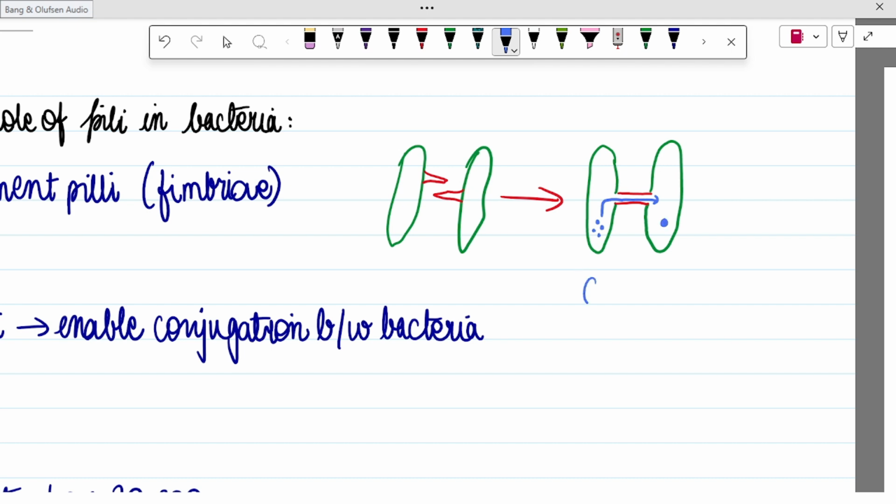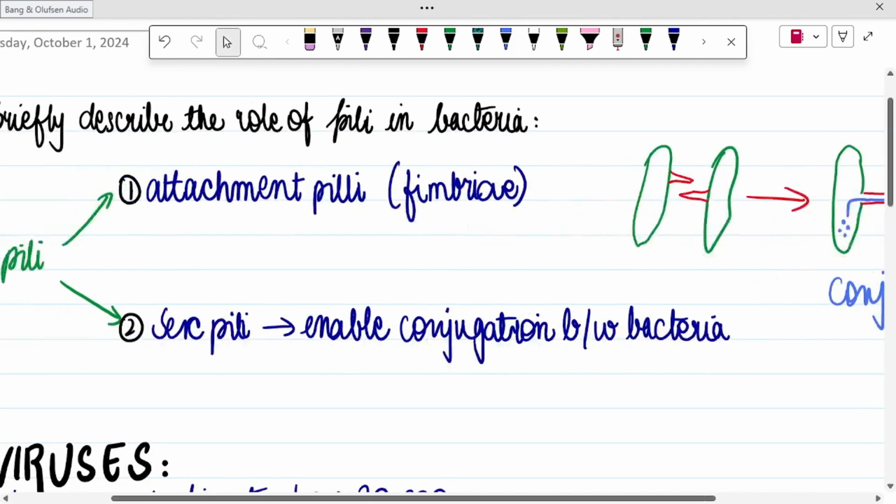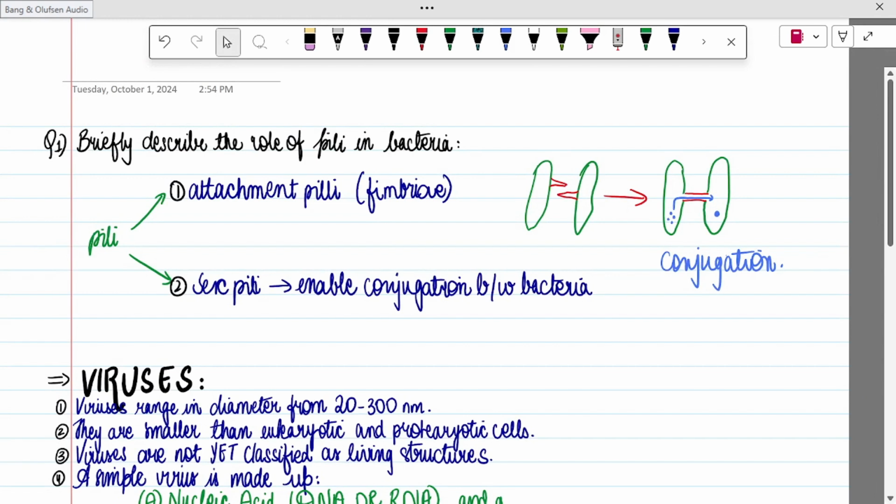So this process is known as conjugation. These were the two functions, the role of your pili in bacteria.